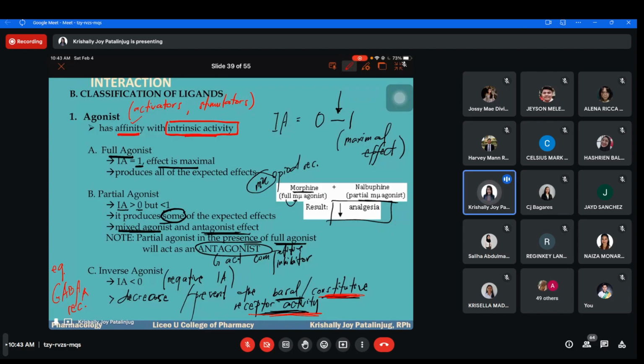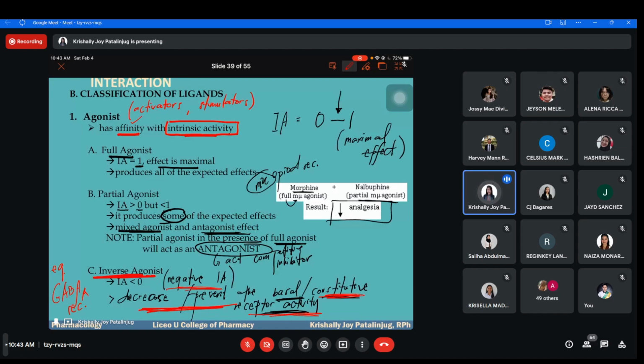Okay? Now, in cases na nagiging hyperactive yung isang receptor, nagiging hypersensitive ang receptor or overactive masyado yung receptor na kahit walang nag-bind sa kanya na agonist, nag-elicit na siya ng activity and that could be harmful, then that's the time you can use that inverse agonist. So meron tayong mga inverse agonist na yung ginagawa, it will just decrease or prevent the basal receptor activity.